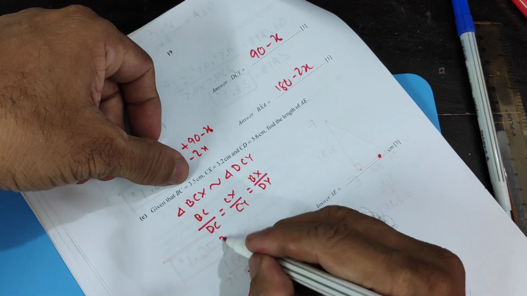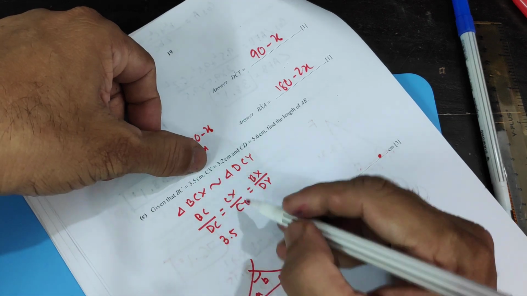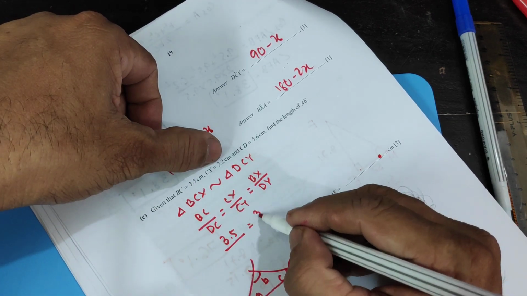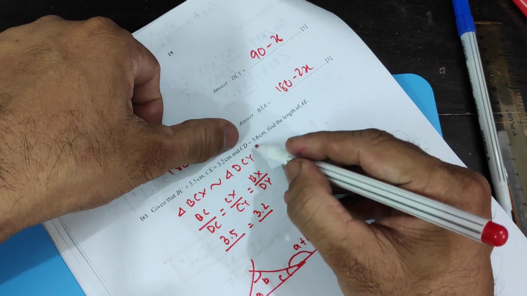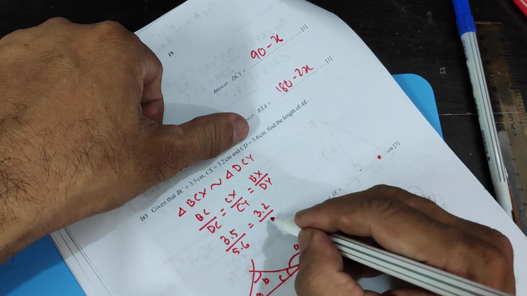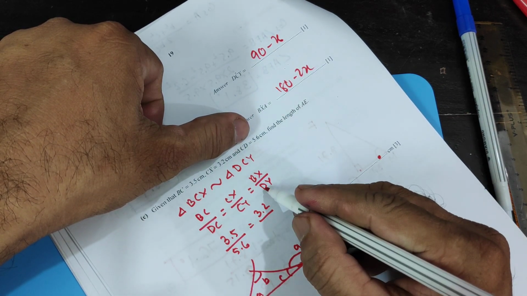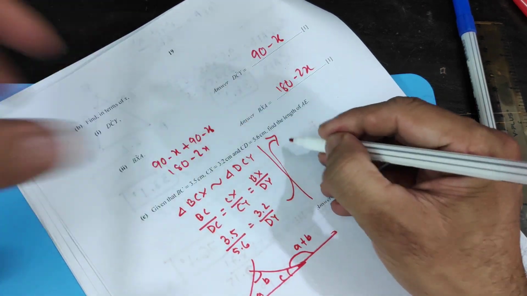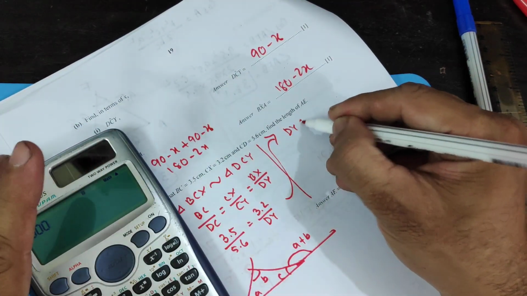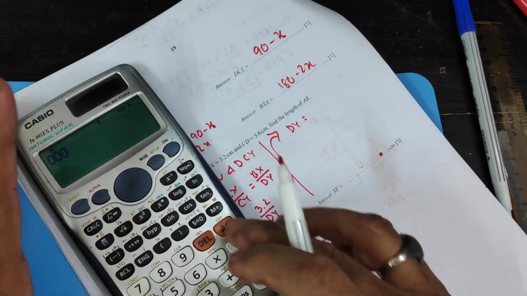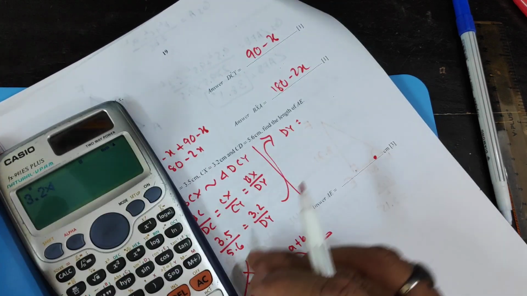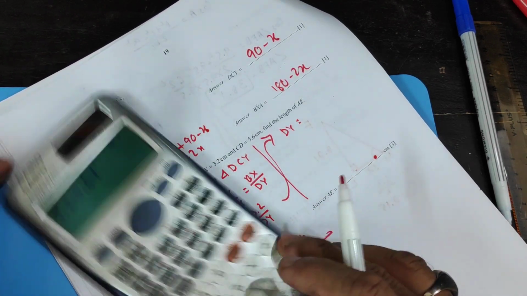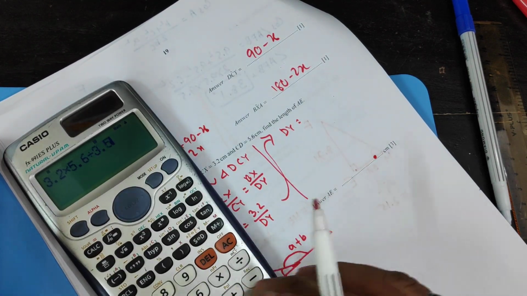So BC is given 3.5 and CX is given 3.2 and CD is given 5.6. So DY, we don't know what is DY. So CY is going to be 3.2 times 5.6 divided by 3.5.